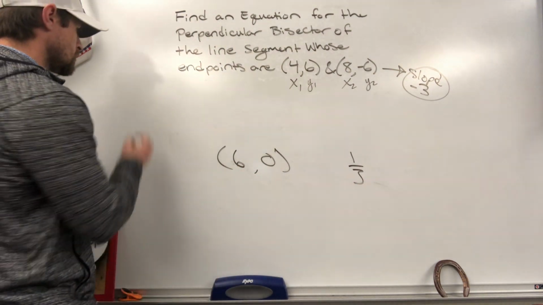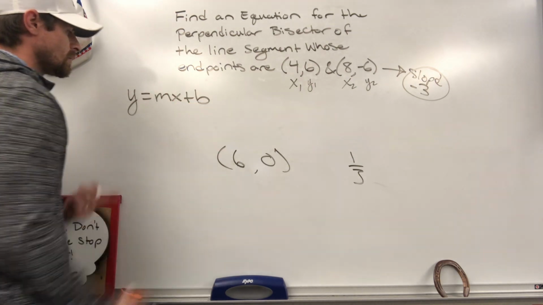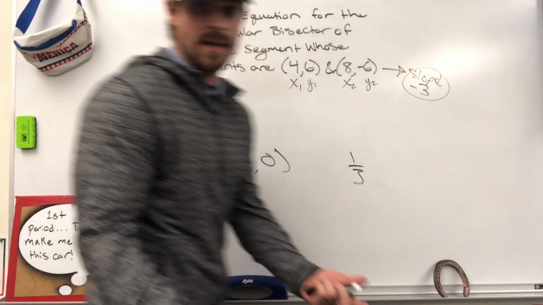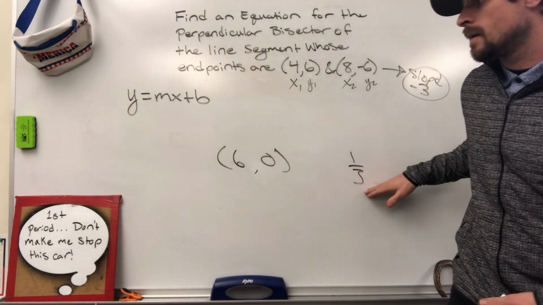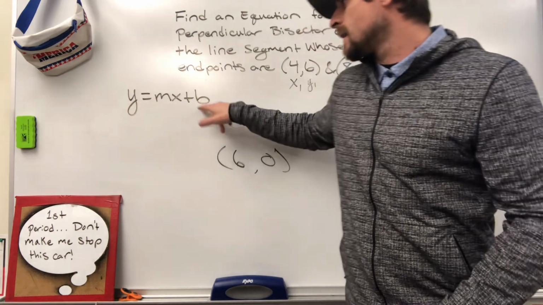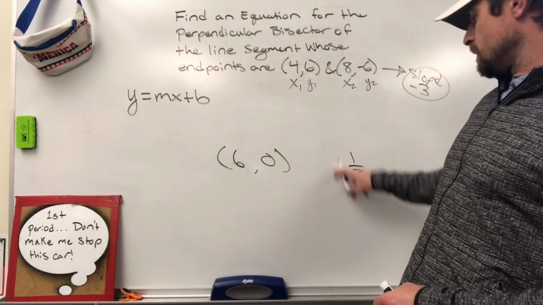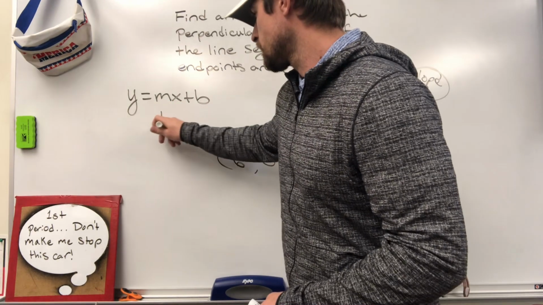Well, let's write it in. y equals mx plus b, also known as slope-intercept form. Because right now we have our slope, and we have a point that we can plug in for x and y. That will give us our b. All right, let's do the work. So my slope is 1/3. That's where m is.